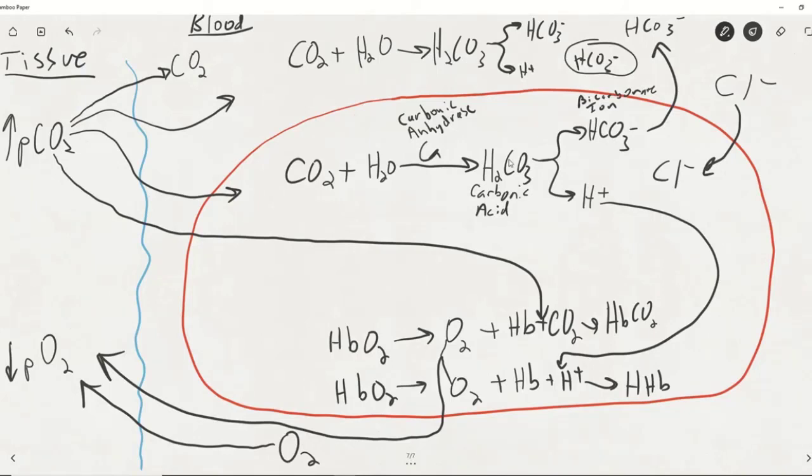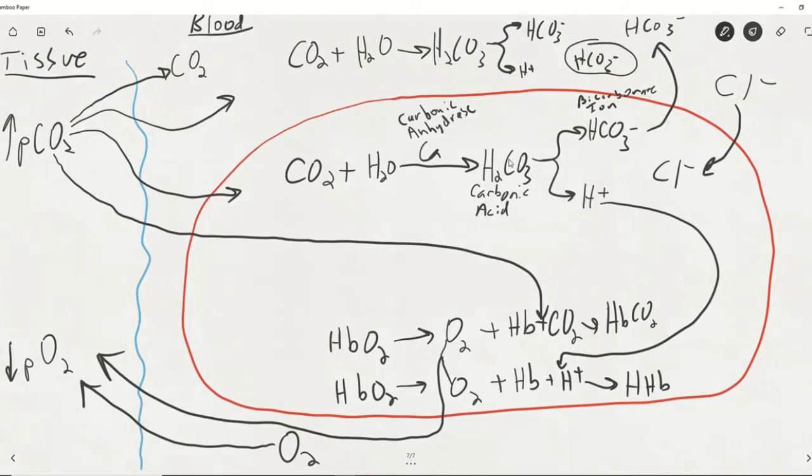All right, so I know that is a really big picture, and that picture is what's on page 874 of your textbook. But this is just carbon dioxide loading. What happens when we get to the lungs? We have to draw this entire picture over again to see carbon dioxide unloading.